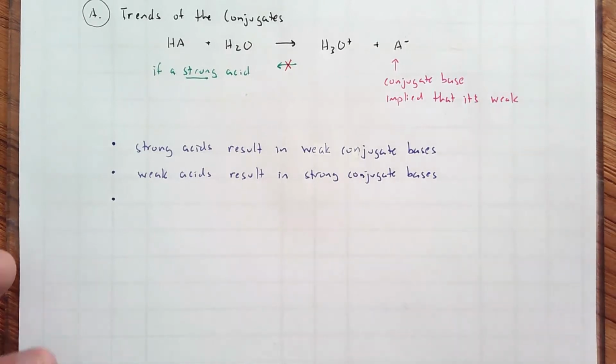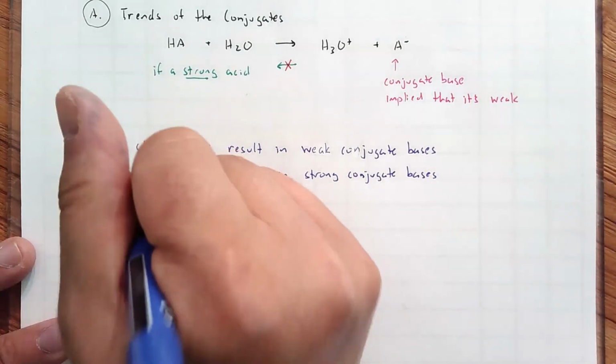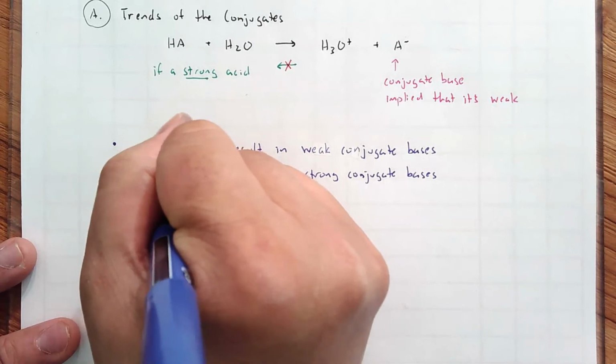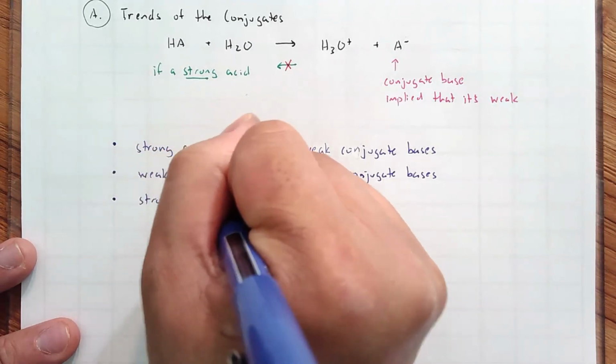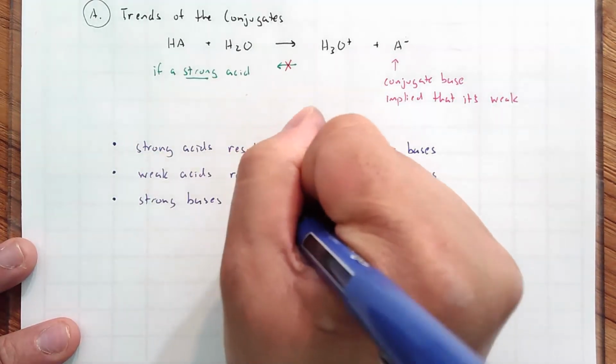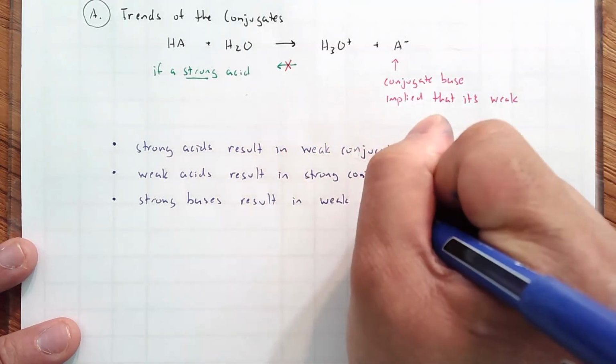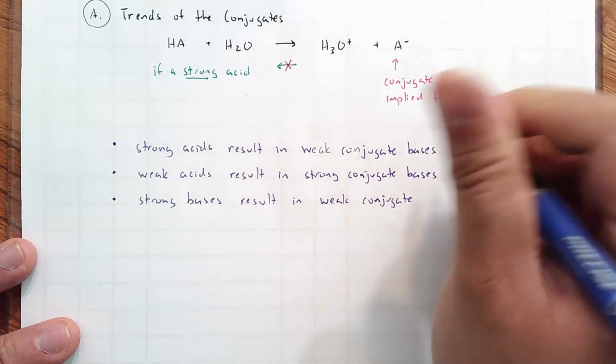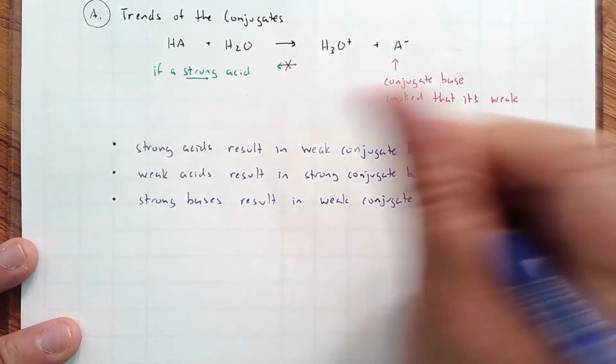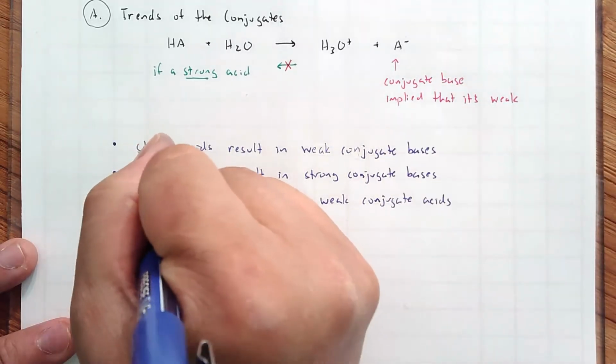Well, we could look at it from the base point of view. Strong bases result in weak conjugate acids, and of course, weak bases result in strong conjugate acids.